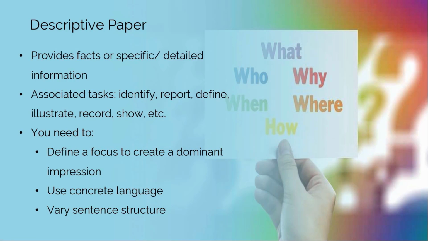You will also need to rely upon concrete language to avoid any possible misunderstanding, since you are interested in communicating specific pieces of information. You will need to use different types of sentences so as to make the text flow. Otherwise, it would be boring.